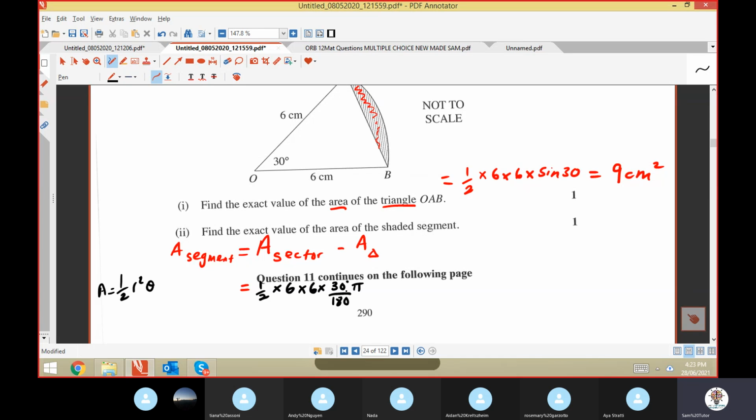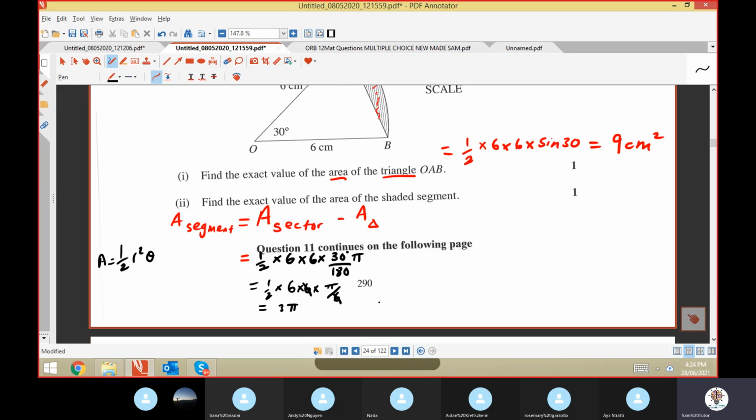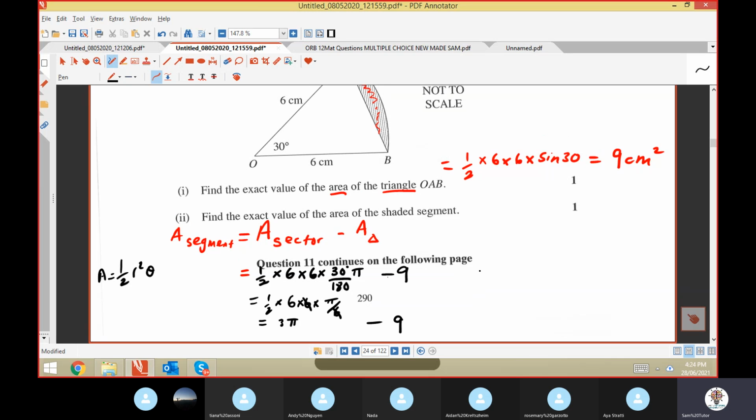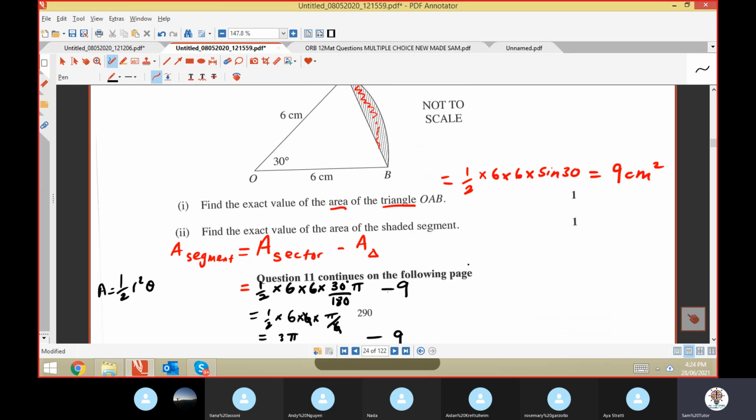That becomes pi over 6. Six and 6 will cancel out. That becomes 3 pi. Half times 6 is 3. 3 pi minus 9. Minus area of your triangle. Okay, questions?